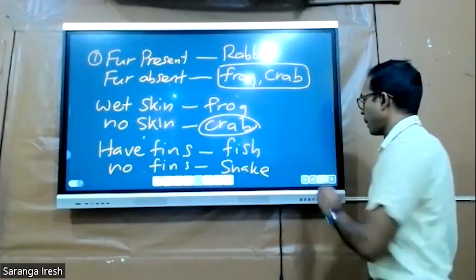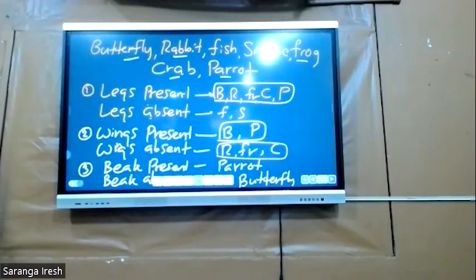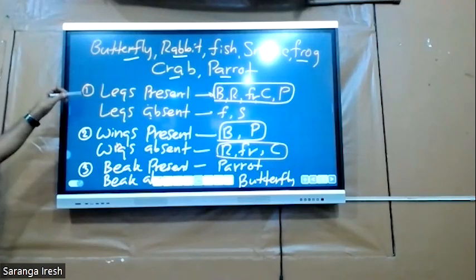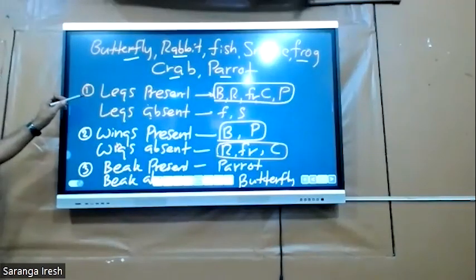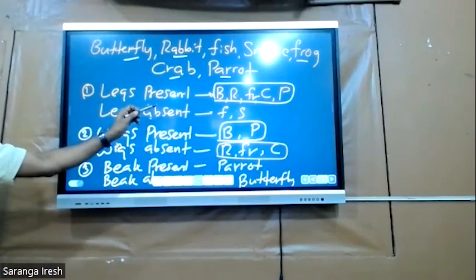But remember, in classification, we highly use these dichotomous keys. The method of using the dichotomous key is somewhat different from what I did here, but remember, always we use two statements to specify the organism. For example, at first I select legs present, legs absent.